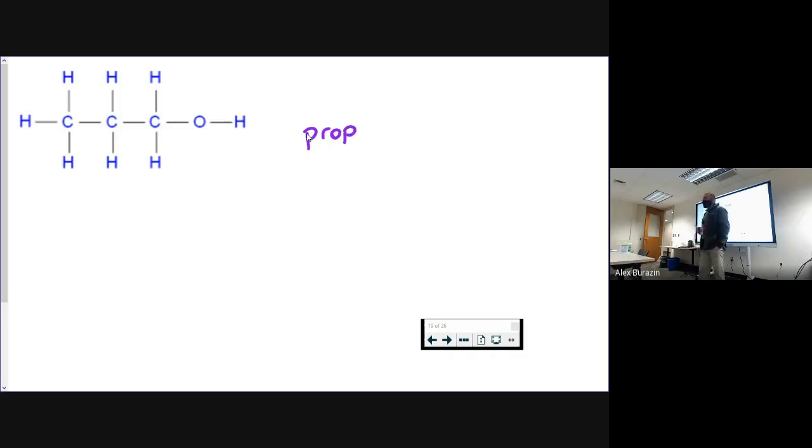I'll handle the first part. You're welcome. This is propanol. That's an alcohol. Carbon chain of 3, OH at the end.